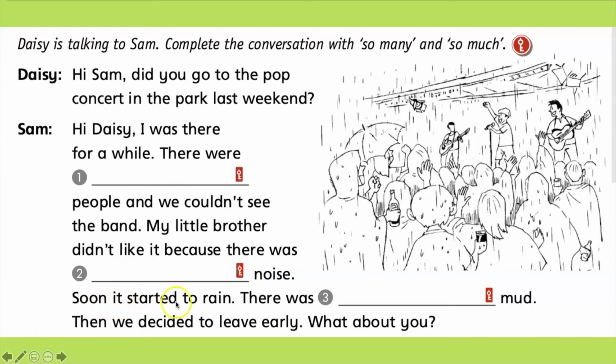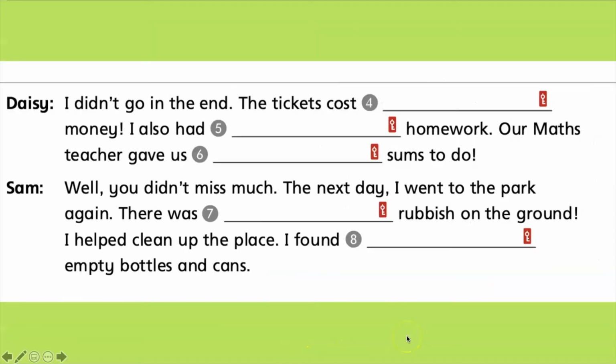Soon it started to rain. There was mud. Then we decided to leave early. What about you? I didn't go in the end. The tickets cost money. I also had homework. Our maths teacher gave us sums to do.